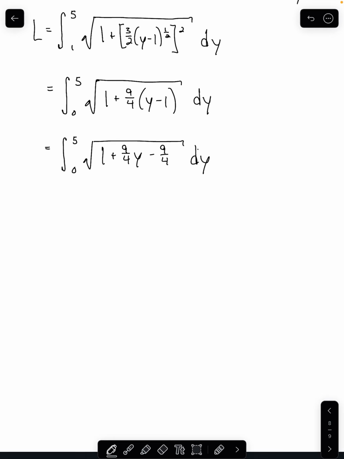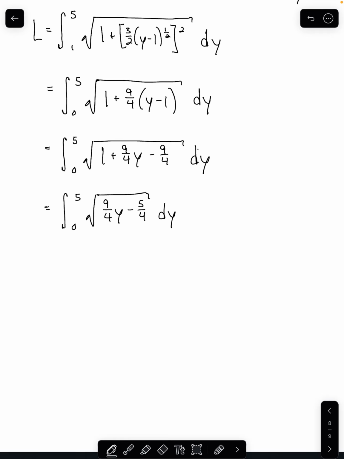Combining the constant terms of the 1 and the negative 9/4 gives us negative 5/4. And this being a linear expression, its derivative is a constant. So even though we don't have a variable factor outside of the radical, that's not an issue since the inside function is linear.